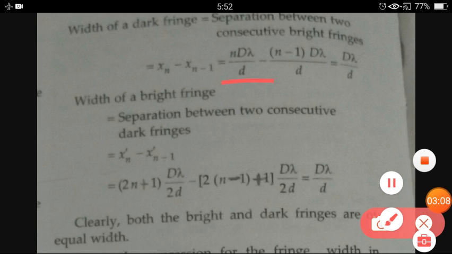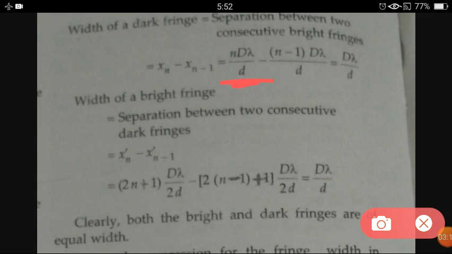This is the nth position of bright fringe, this is the n minus 1 position of bright fringe. When we open the bracket and solve it, we get d lambda upon d. This is the separation between two consecutive bright fringes, and this is the width of the dark fringe.